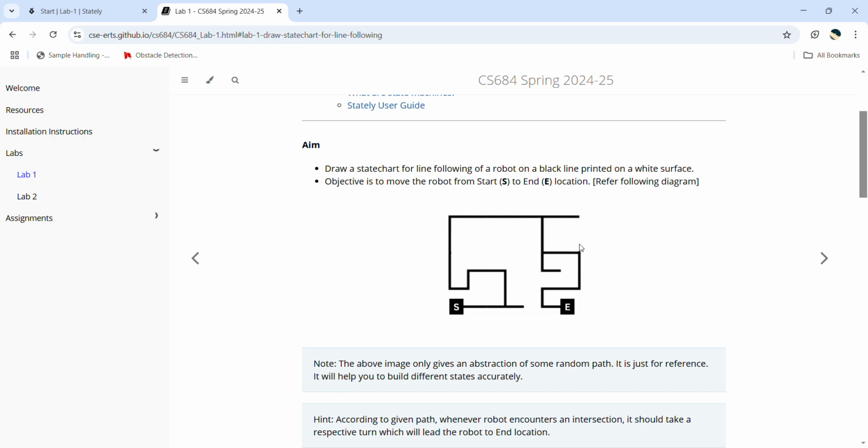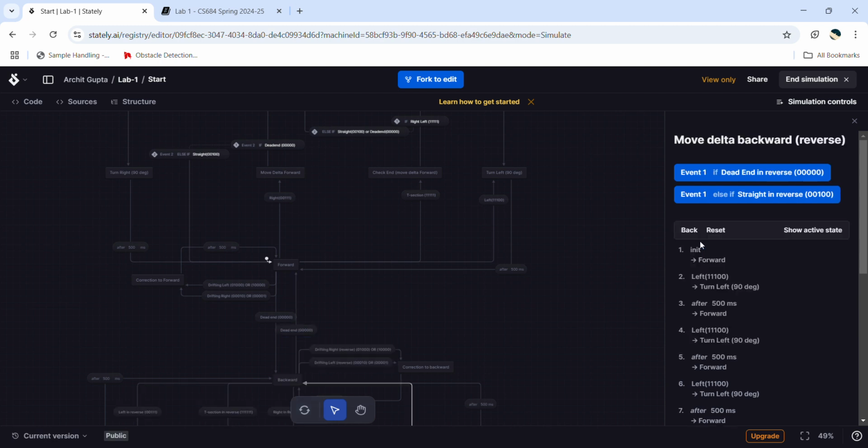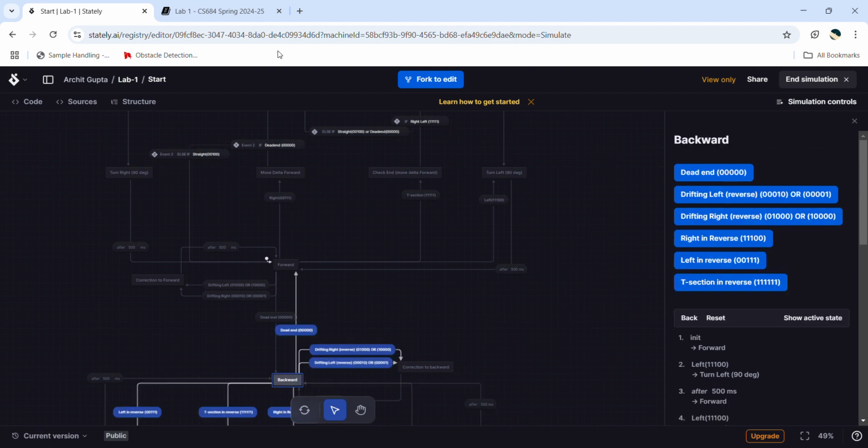Now we have the right with respect to the reverse direction of the robot. We go to right in reverse. We moved a bit ahead. Here it's backward because it's the reverse direction of the robot. We saw a dead end. We again come back and it was a right section. So we take a right here.